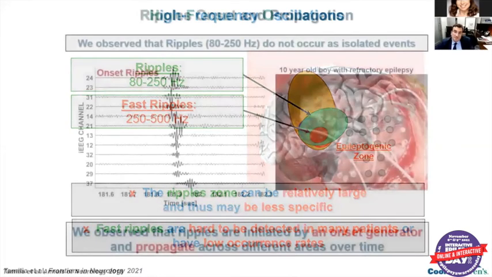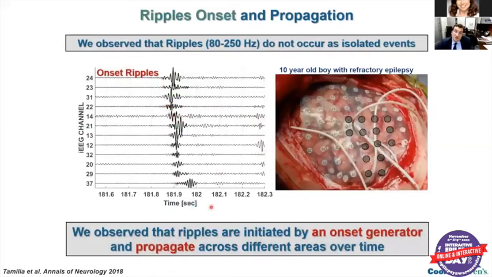This is actually an accidental finding that led to a great publication and an important finding in the field of epilepsy. When I was analyzing some data from a child with epilepsy, I observed that this kind of high-frequency oscillations don't occur in all the electrodes at the same time, but they actually propagate across time from an area of onset to some areas of spread.